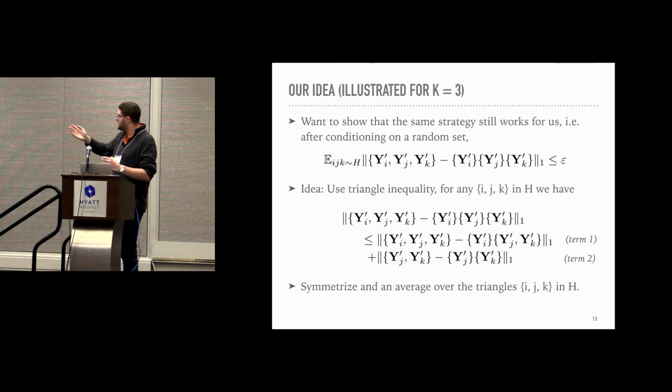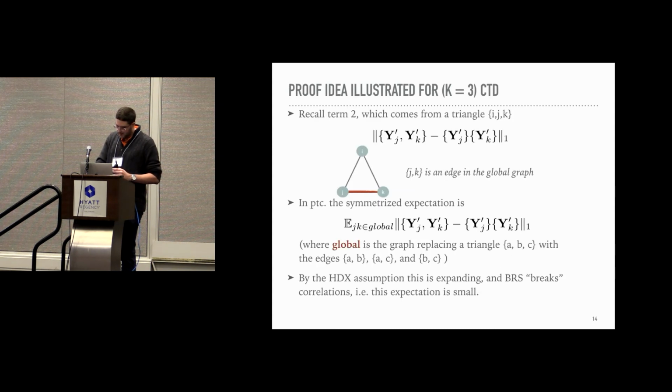And then the statistical difference between the triangle and 3 singletons is going to be the sum of those 2 statistical differences. Okay, so I want to symmetrize and take an average over the triangles. So term 2 is easier to analyze, right?